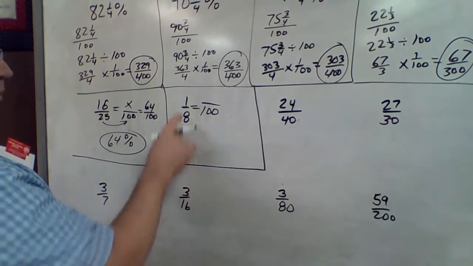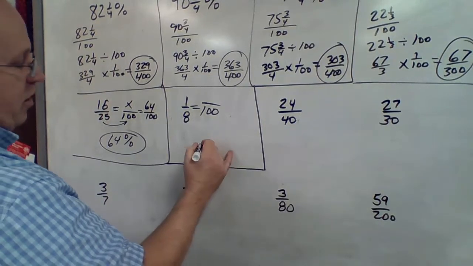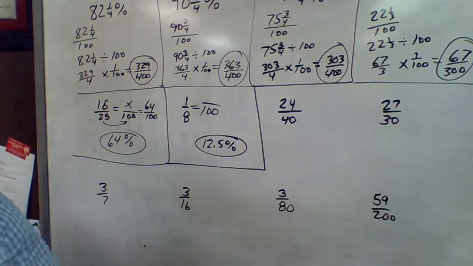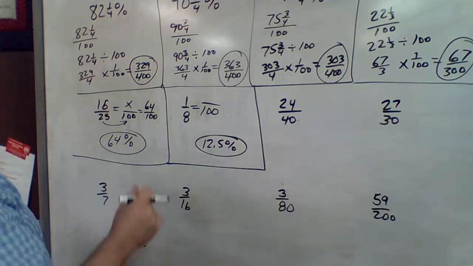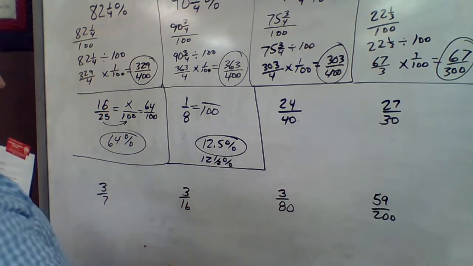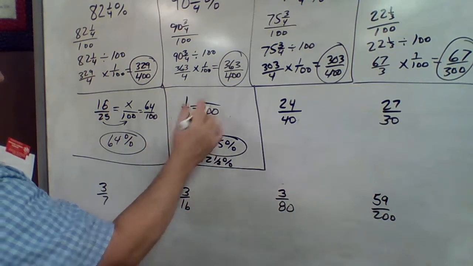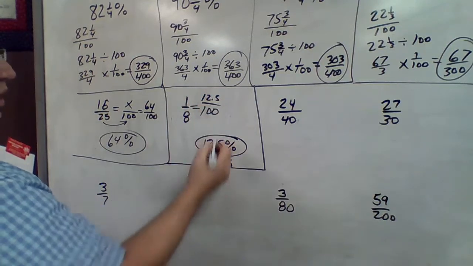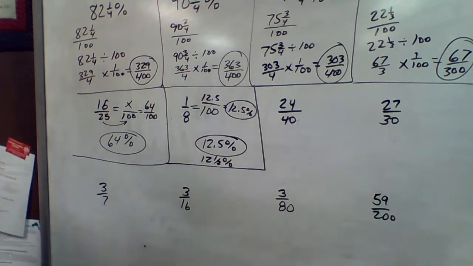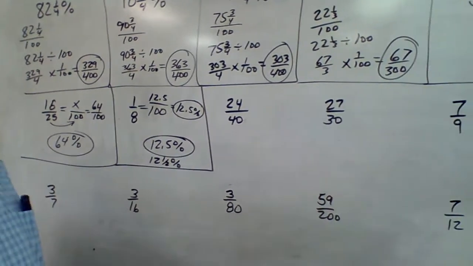In the purple table it says that 1/8 is the same thing as 12.5%. It says so right there. Either way, 1 times 100 divided by 8 is 12.5, and that's our 12.5%.